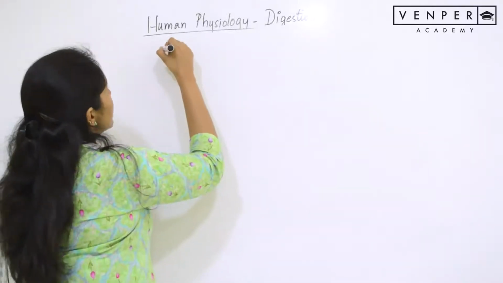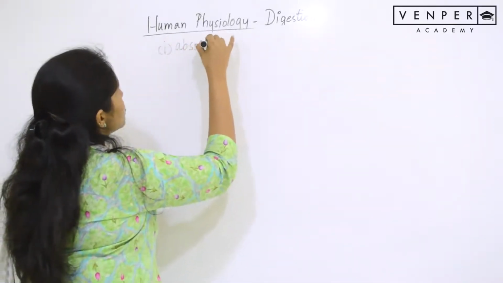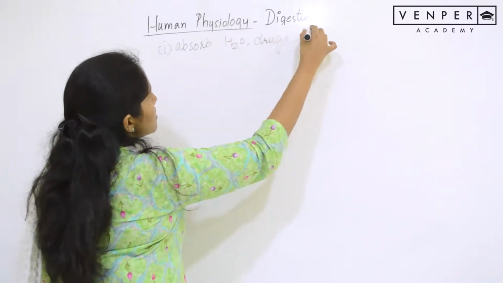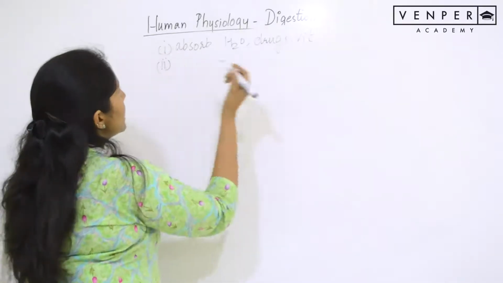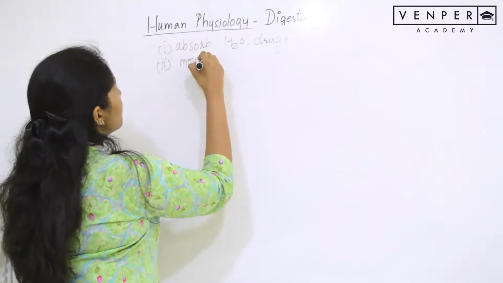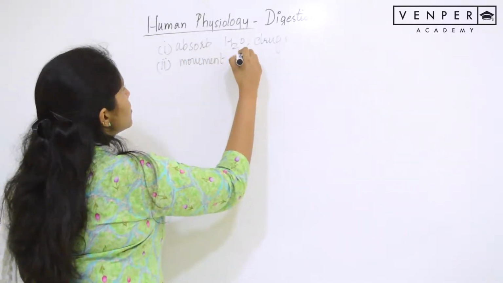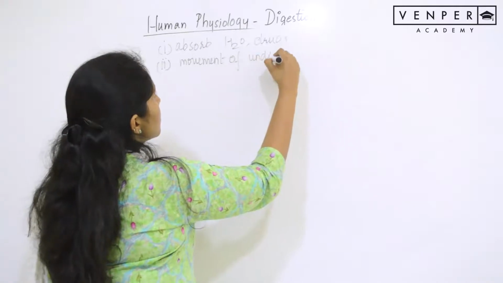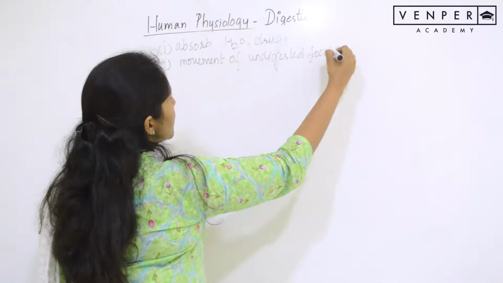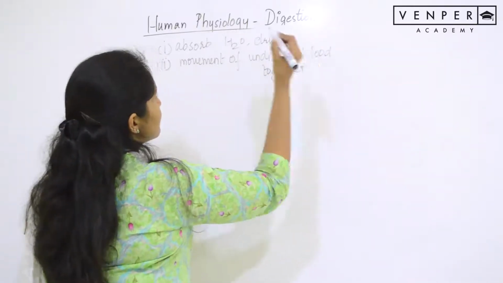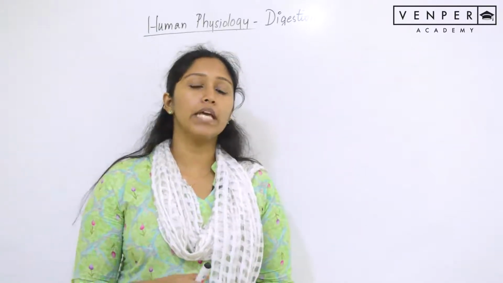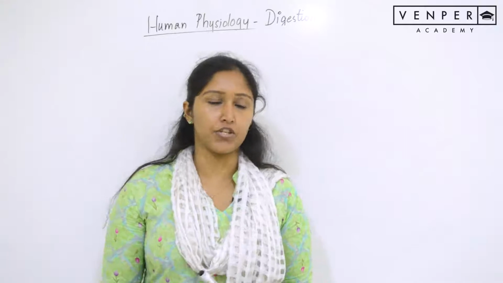So the large intestine absorbs water, some drugs and some vitamins, and then finally you have the movement of undigested food together. The undigested food matter is called the fecal matter. It is stored in the rectum until defecation.